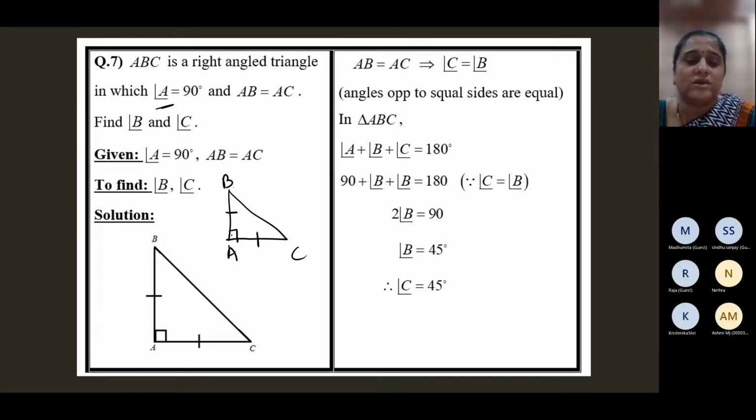So I've told you one thing. AB is the side, so C will be the angle. AC is the side, so B will be the angle. That letter which is not included. See, there are only 3 vertices, no? The side will take 2 vertices.